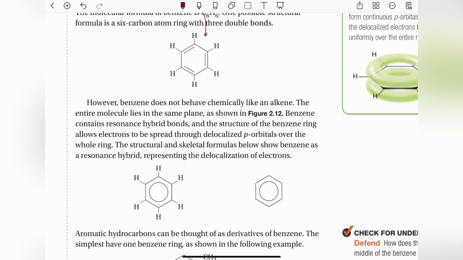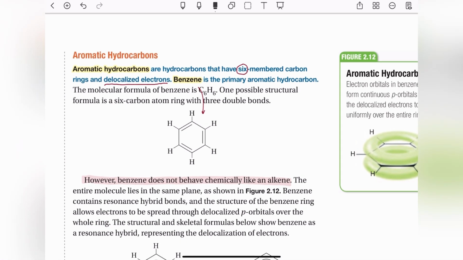However, benzene does not behave chemically like an alkene. So this is important to note. Benzene does not behave chemically like an alkene. First of all, why are we talking about alkenes? We're talking about alkenes because if you noticed, this molecular formula of benzene resembles the general formula for alkenes, which is CnH2n.